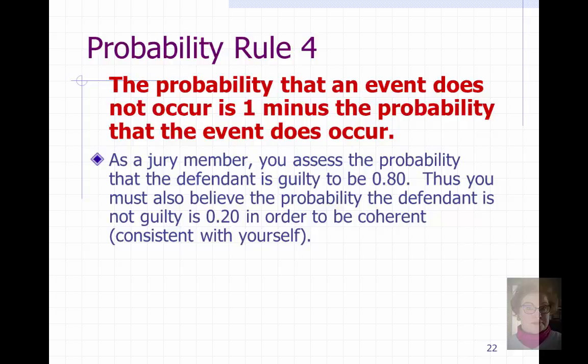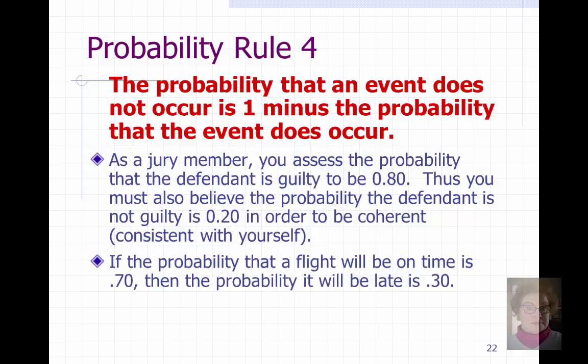This one is better. If you research that the flight you're interested in is early or on time is 70%, then the probability that it'll be late is 30% because it can't be earlier, on time, versus late. There's no other options.